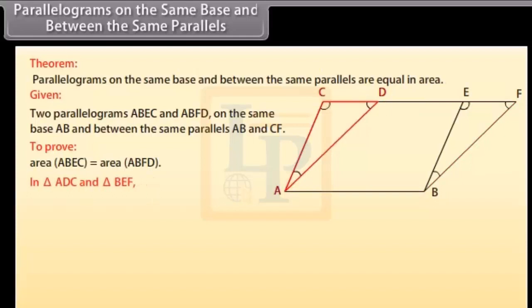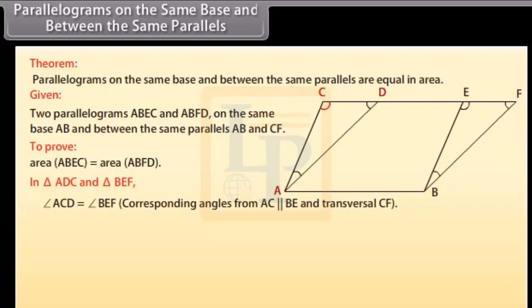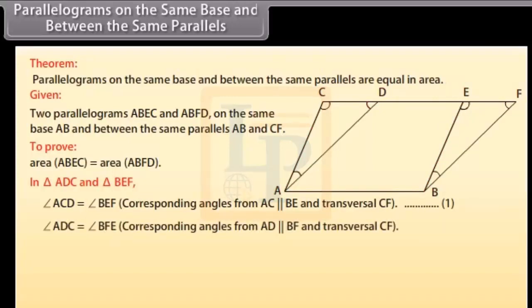In triangle ADC and triangle BEF, angle ACD is equal to angle BEF because these are corresponding angles from AC parallel to BE and transversal CF. Mark it as 1. Angle ADC is equal to angle BFE because these are corresponding angles from AD parallel to BF and transversal CF.